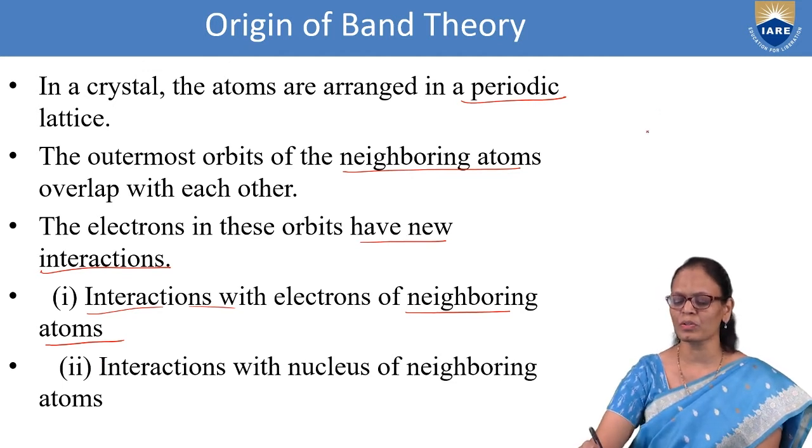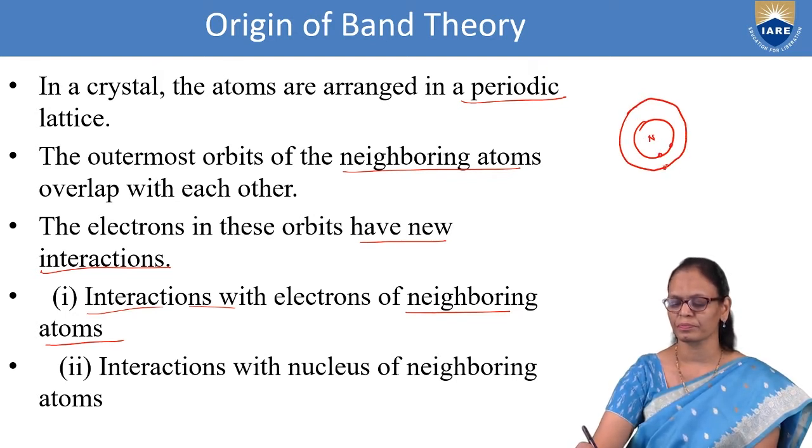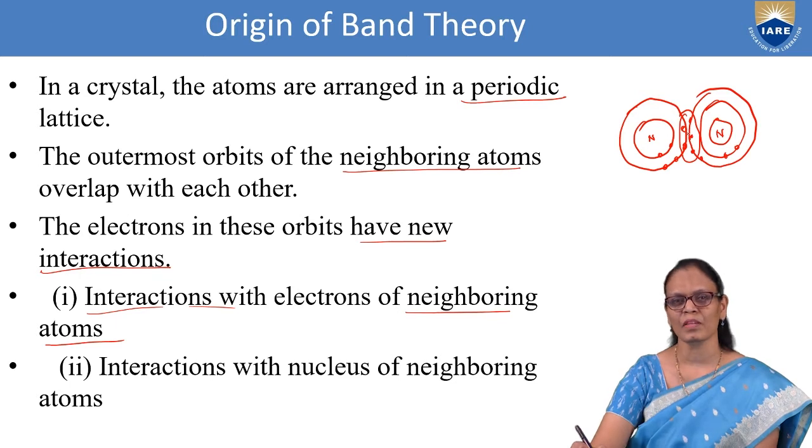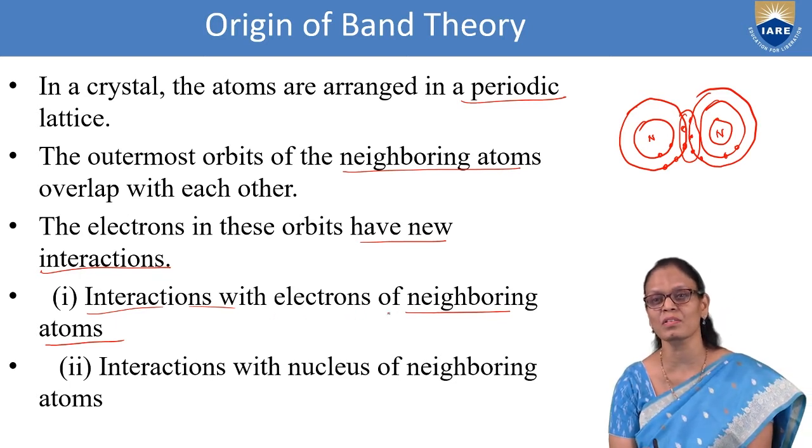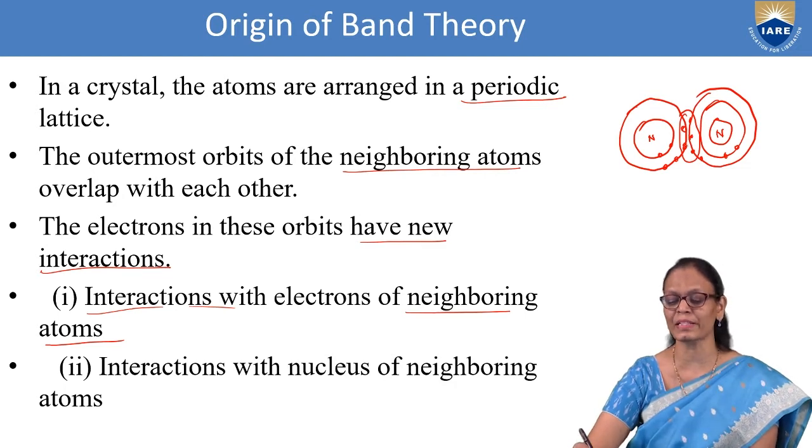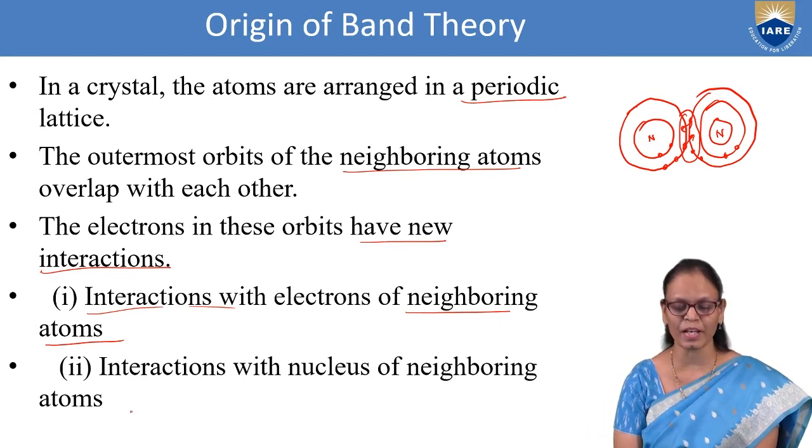So, if I'm talking about one atom here, a nucleus, now if there is another nucleus here, another atom, and I show the orbitals like this. Now, if they are coming very close, there may be interaction between these electrons. So, these electrons may interact with the electrons of the neighboring atoms. And also, there may be an interaction with the nucleus of the neighboring atoms.